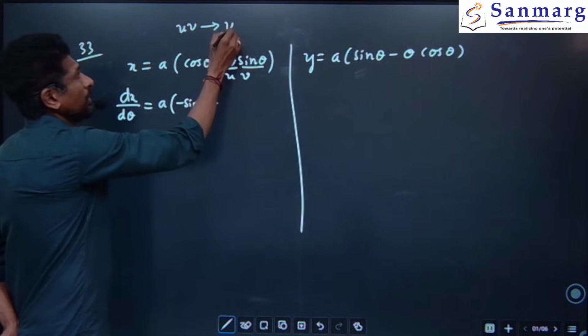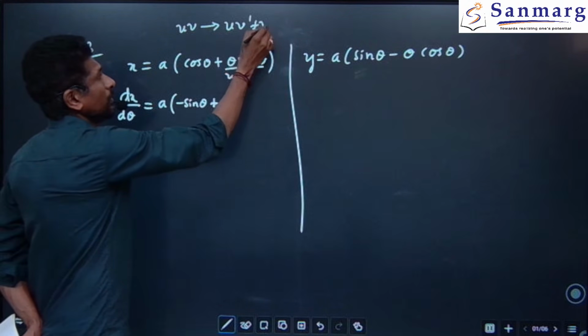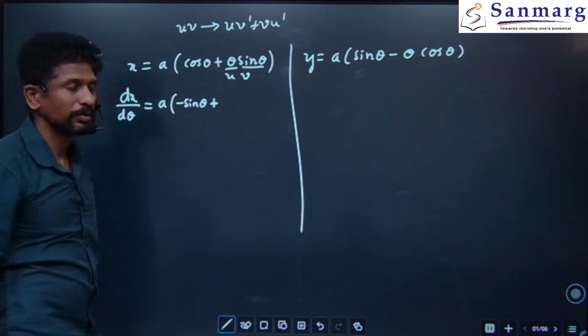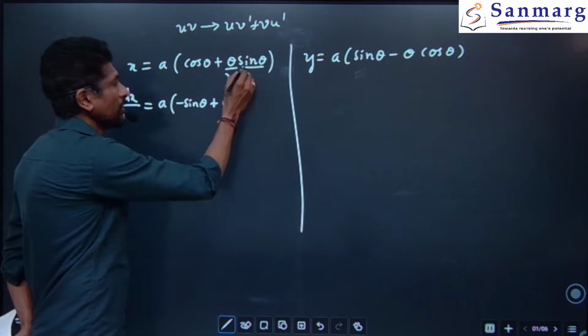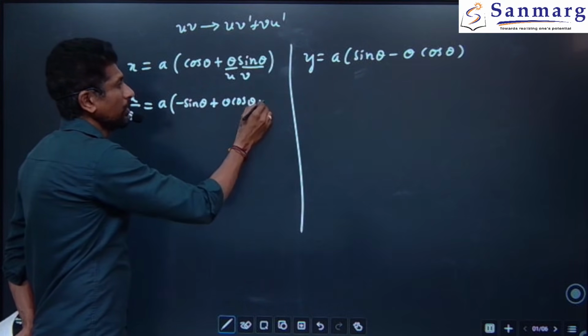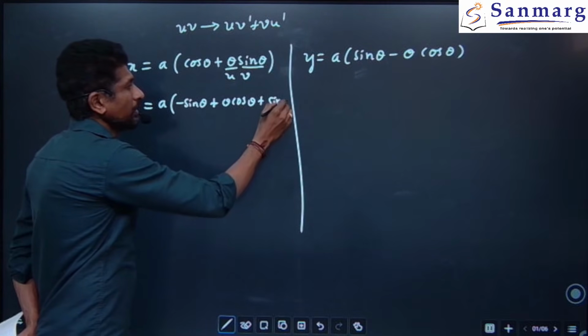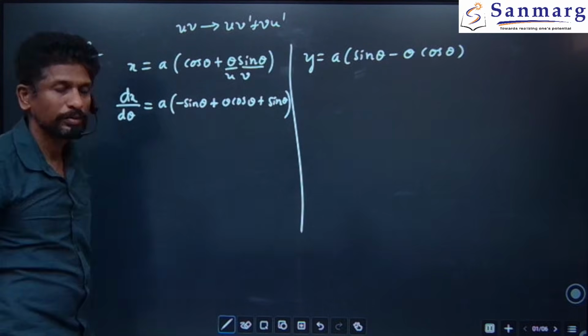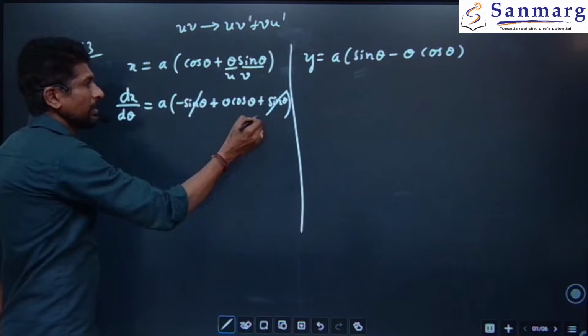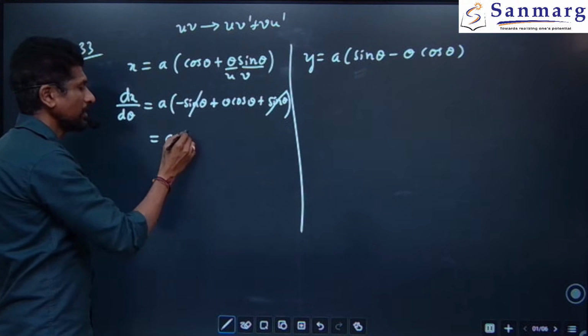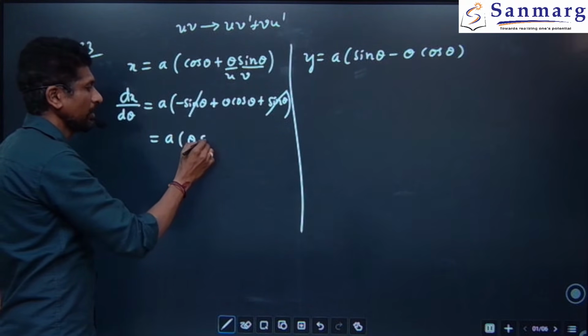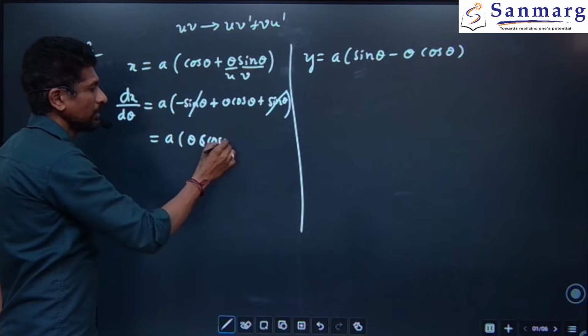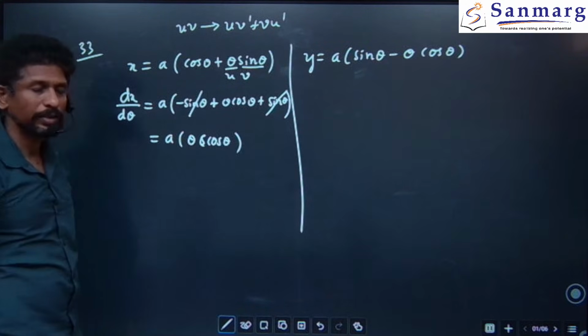The product rule is u v dash plus v u dash, keeping the theta as it is, differentiating the sin theta is cos theta. Keeping the sin theta as it is, differentiating the theta becomes 1. So automatically plus sin theta minus theta sin theta gets cancelled. Answer is a into bracket of theta cos theta, a into theta cos theta is the answer.